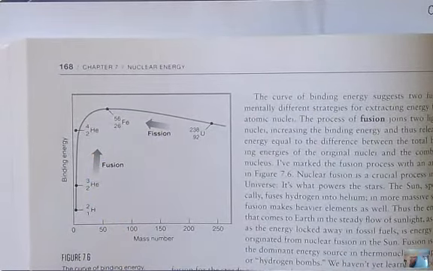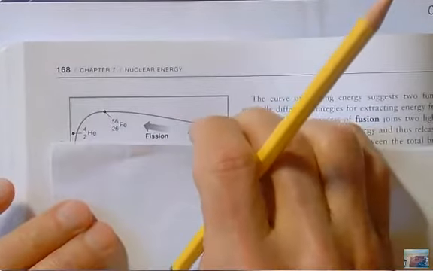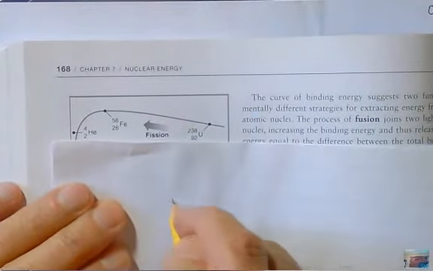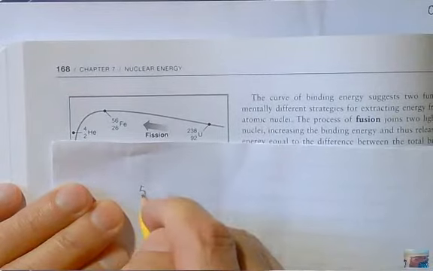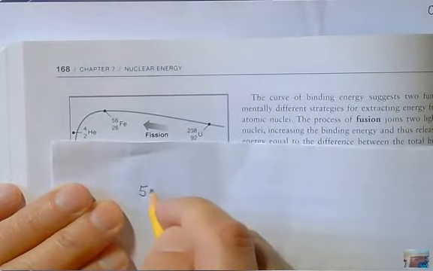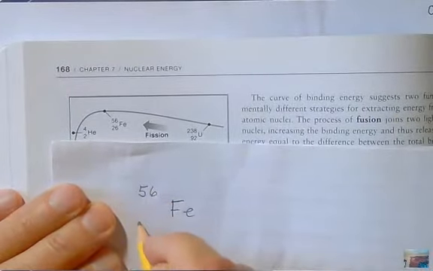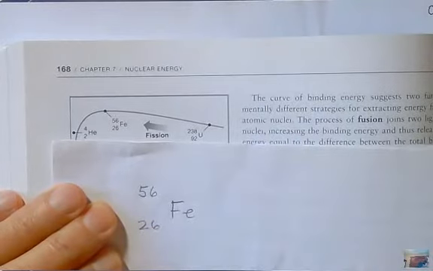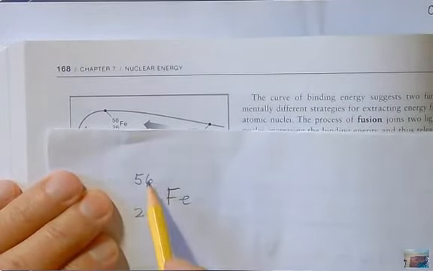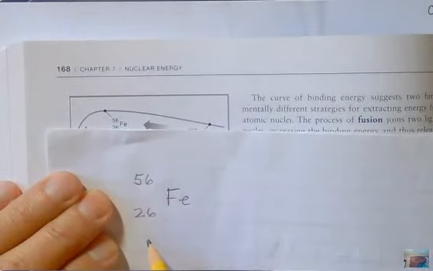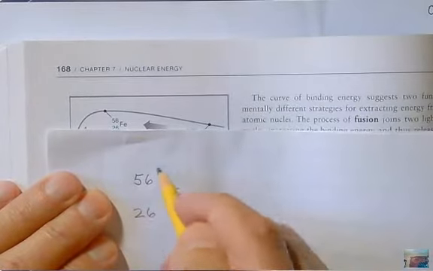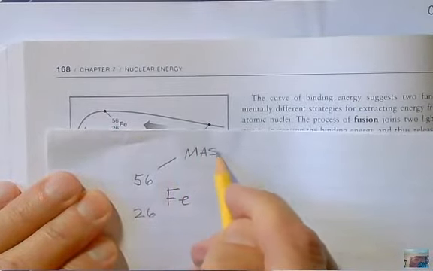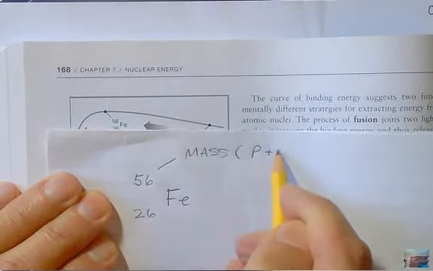Okay, so I'll do the iron-56 one first. The number that we write on top is called the mass number. That means there are a total of 56 protons and neutrons in the nucleus of iron. So the 56 is called the mass number, and it's P plus N, right?